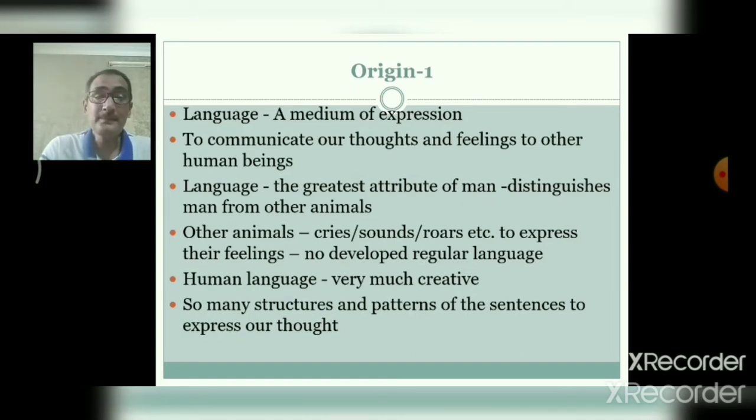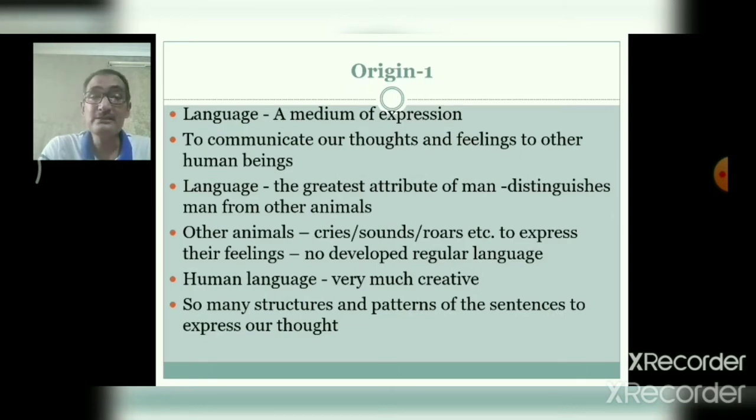One more thing, it's not that animals go on changing the sounds with the passage of time for communication. No. But if we take up the development of a human language, we find a number of changes coming into it with the passage of time. And human beings go on modifying, developing the language with every new day.